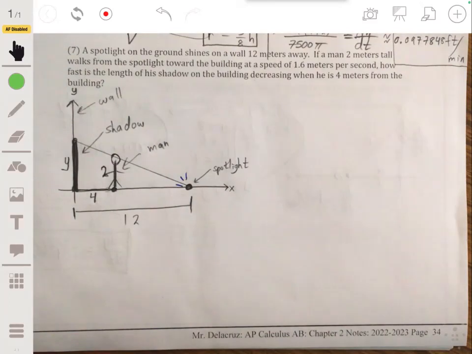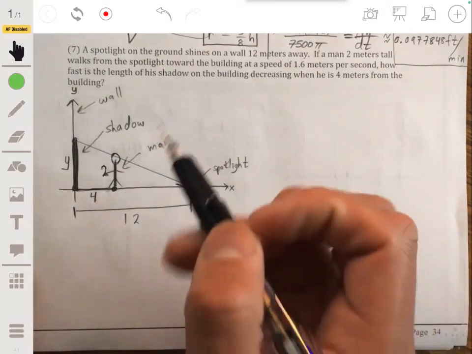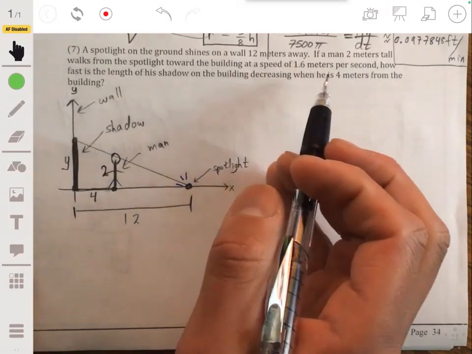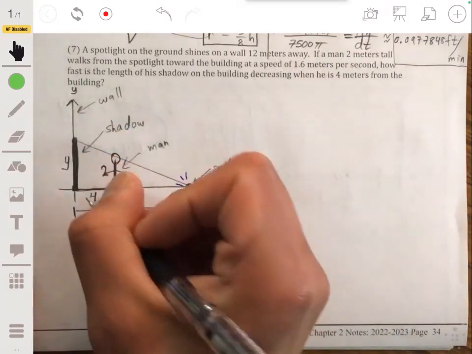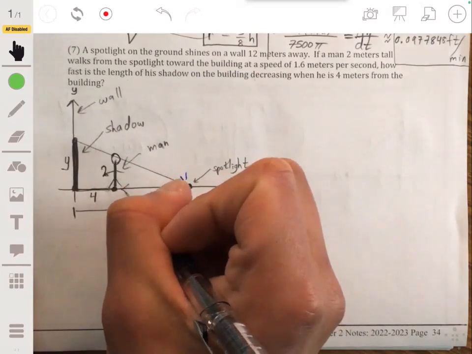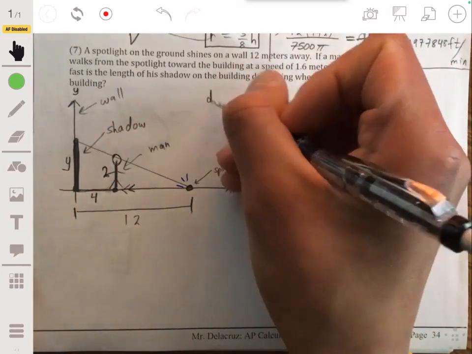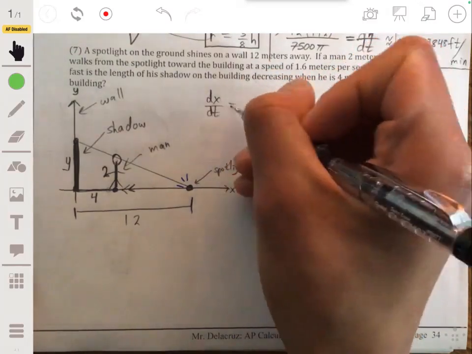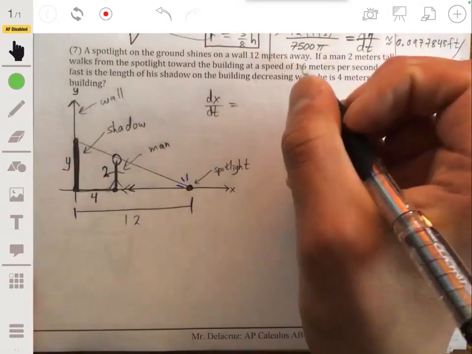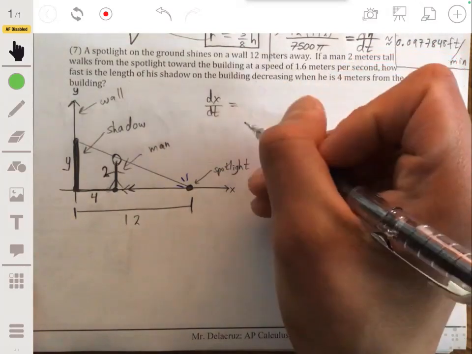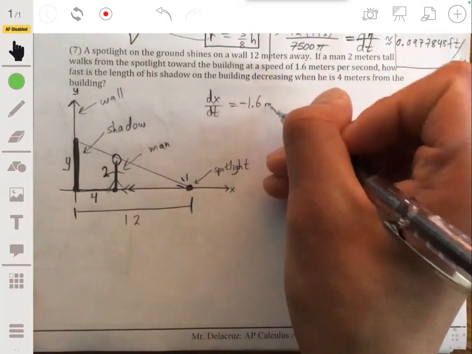Okay, so now he's walking towards the building at a speed of 1.6 meters per second. So he's walking to the right, in this direction. So we'll call that the change in x with respect to t, so dx/dt. And since it's to the left, we're going to make it negative 1.6 meters per second.